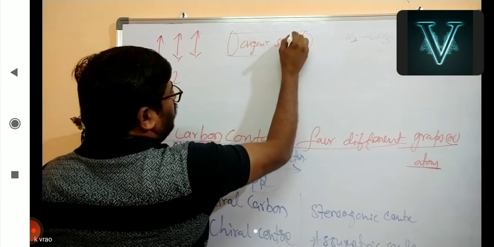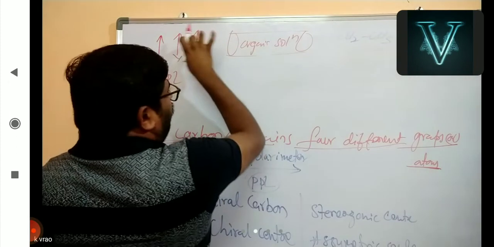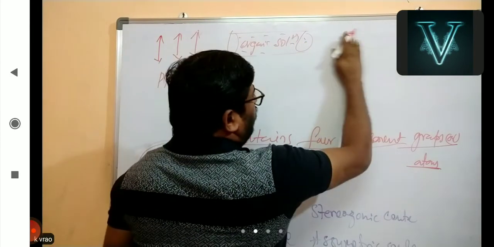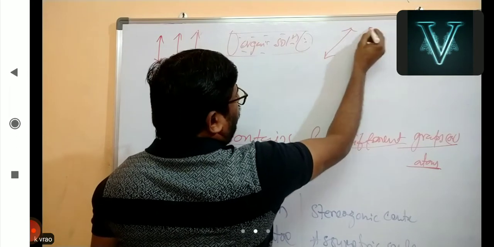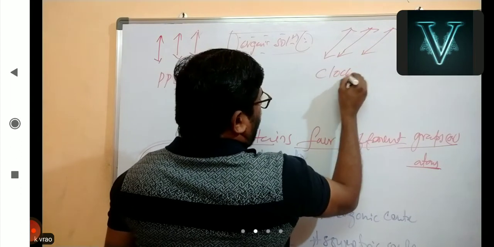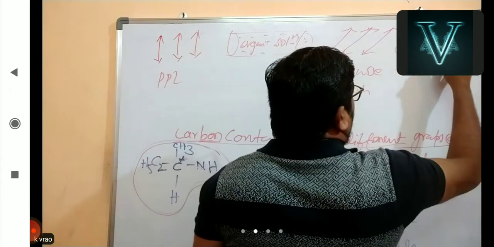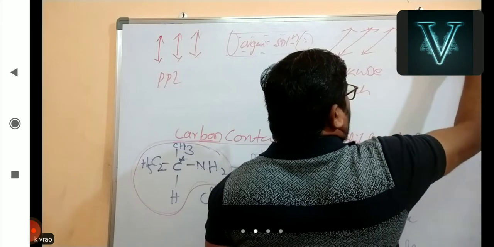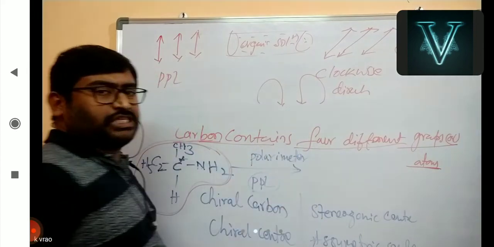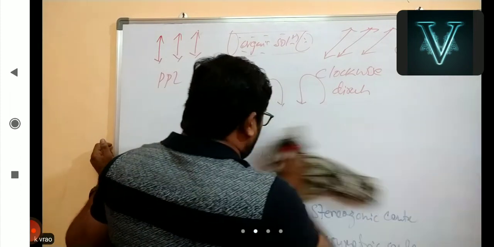When the plane polarized light is passed through this organic solution, the light will be rotated by the compound, either in the clockwise direction or the anti-clockwise direction, like this, by the same quantity. So this compound is called an optically active compound.